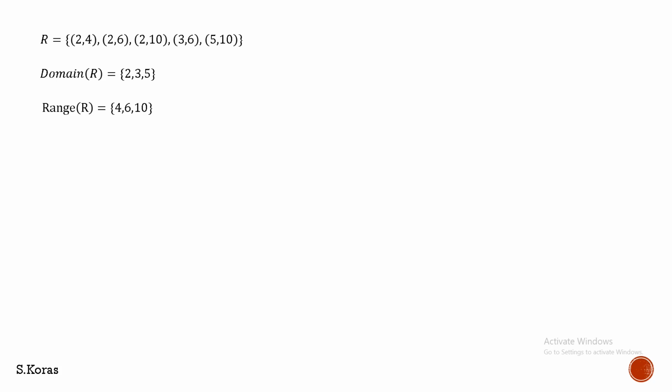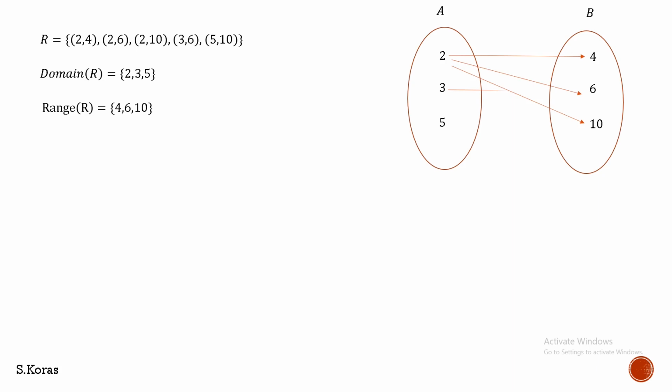So from the relation, if you want to find the domain, you have to select the elements in the first position, and if you want to find the range, you have to select the elements from the second position. So we can define this. We are mapping.